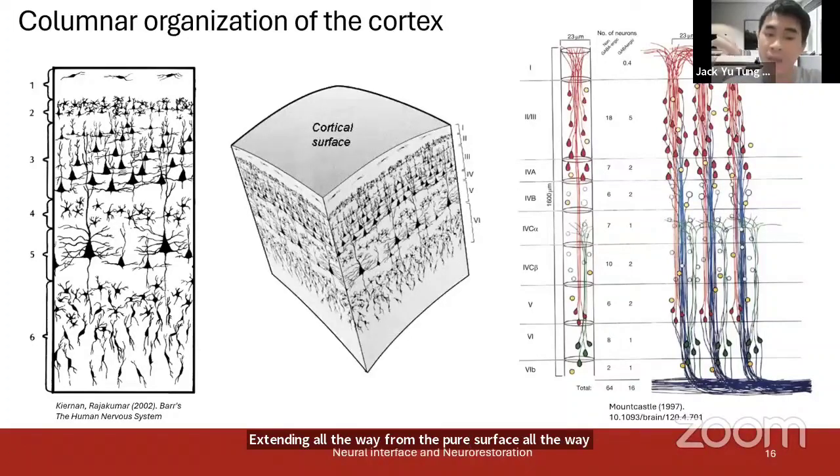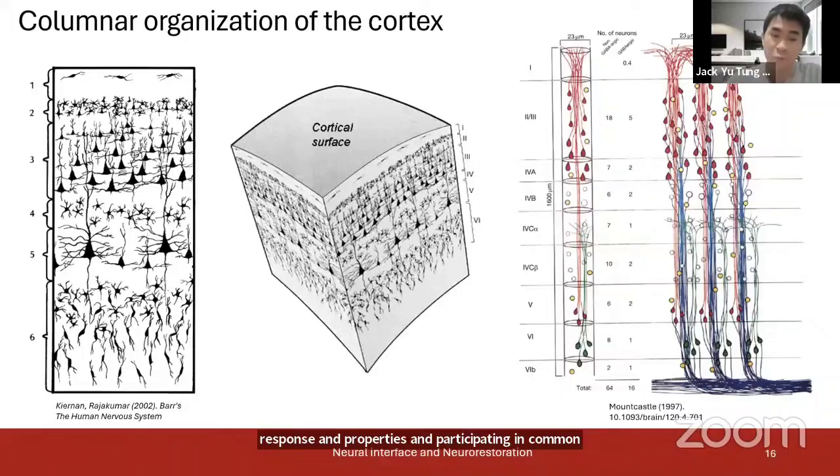And due to their dense connectivity, the firing activities and the response profile of these neurons are often highly correlated. This means that each column represents a functional unit of cortical processing, with neurons within the column sharing very similar response properties and participating in common computational tasks.